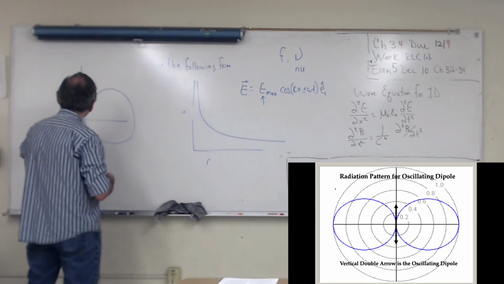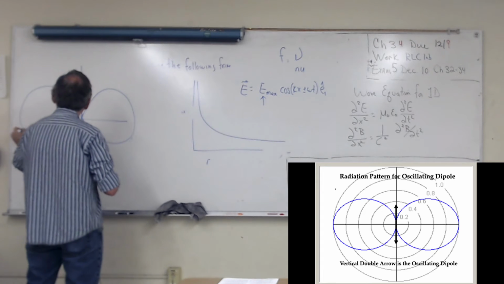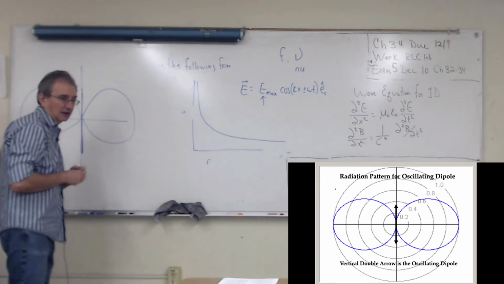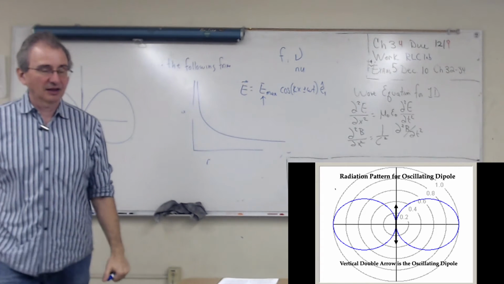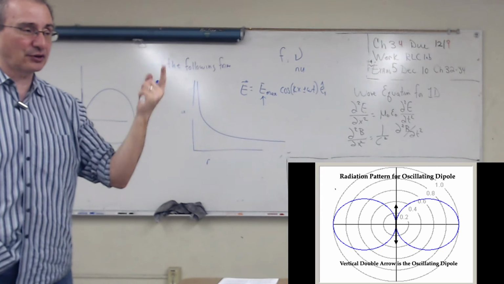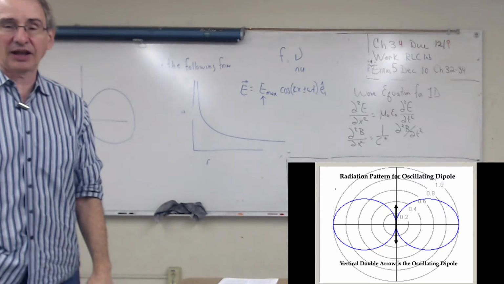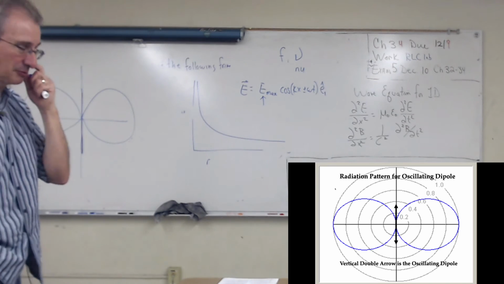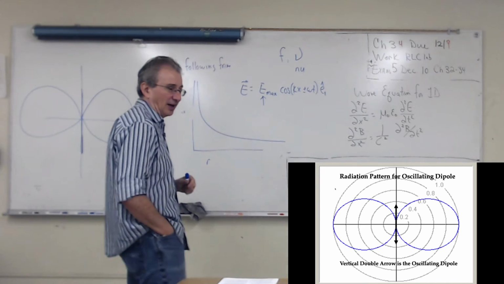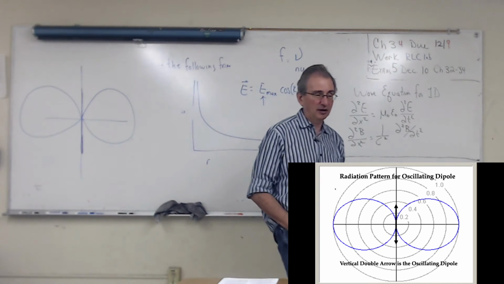Have you seen a picture like this before? Oh yeah, and you have to do this over 360 degrees. You have to rotate over 360 degrees along the vertical axis. That'll give you a picture, a three-dimensional view of what's being radiated. Have you guys ever seen a picture like that before?